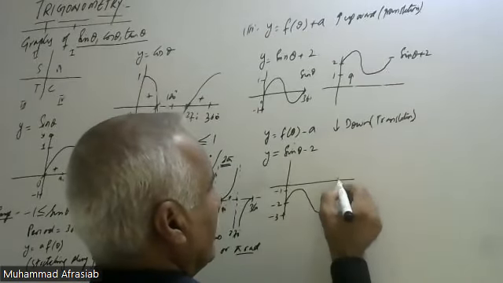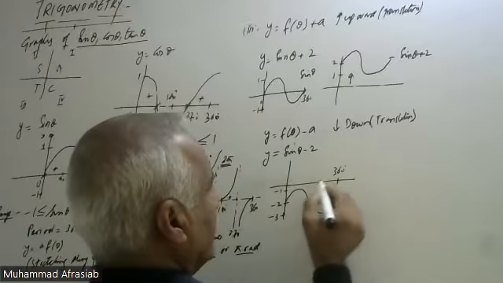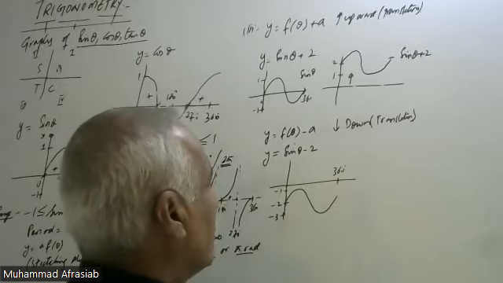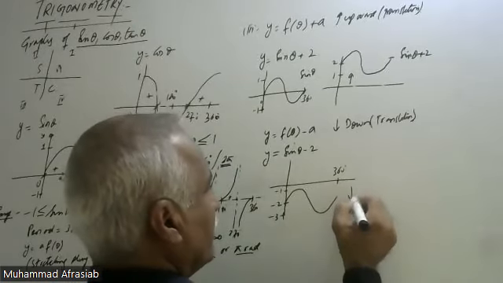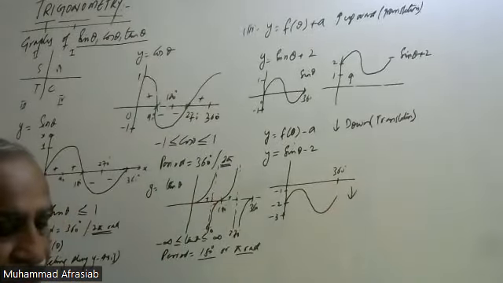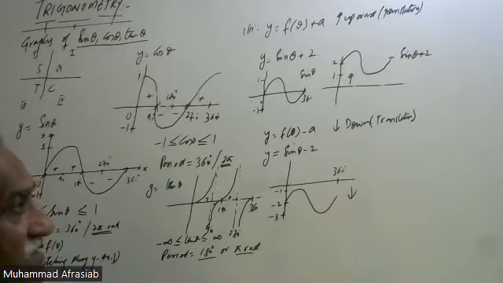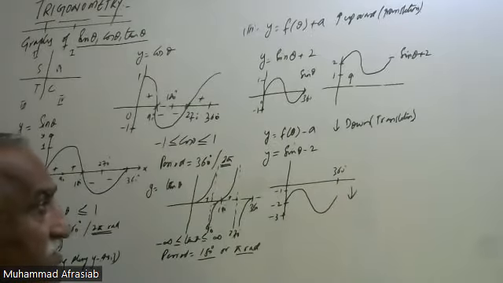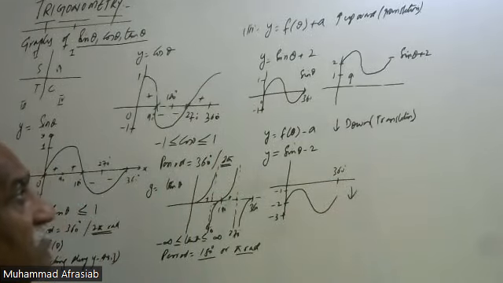So this is the graph till 360, and 2 units has moved downward from the original graph there. So basically, it is the translation on the y-axis upward or downward, depending upon a. If a is positive, it will be moved upward, and if a is negative, it will be moved downward.